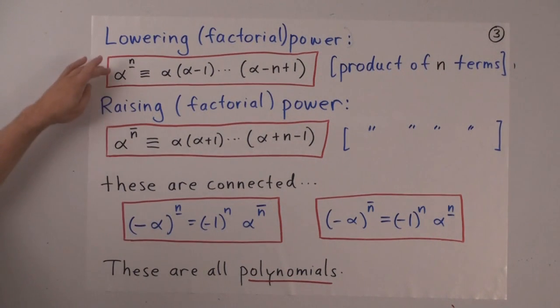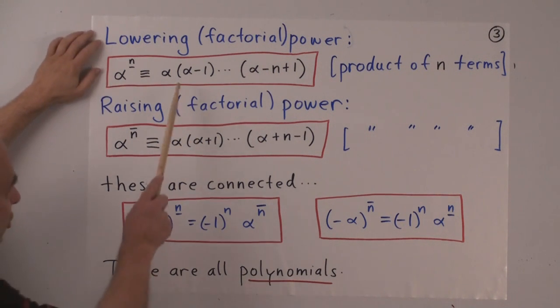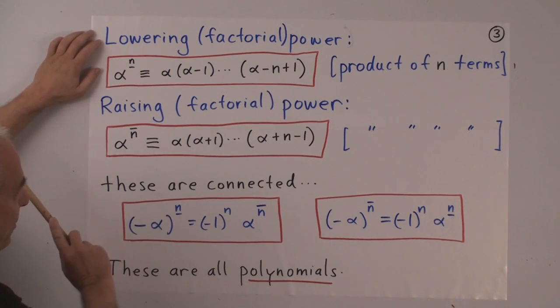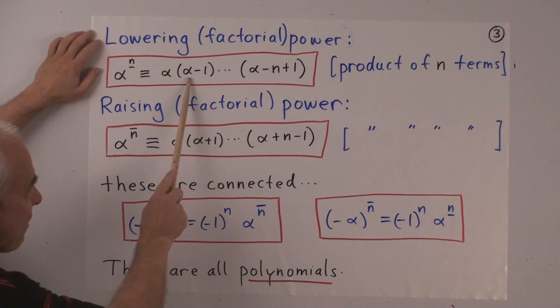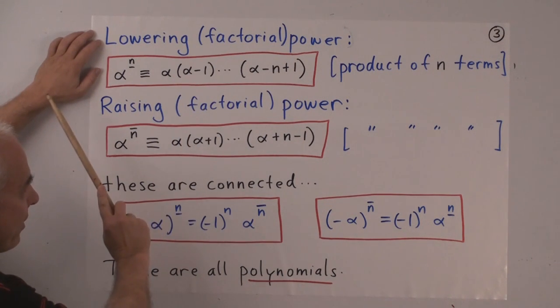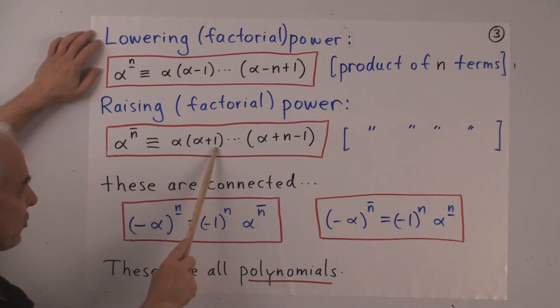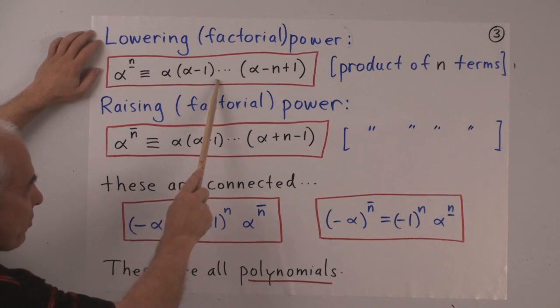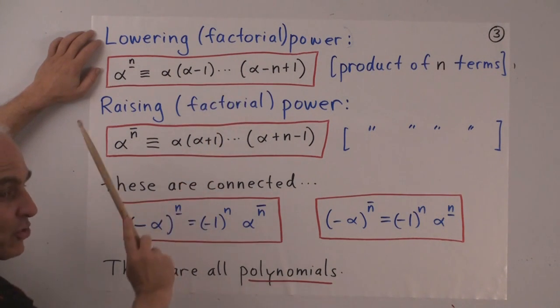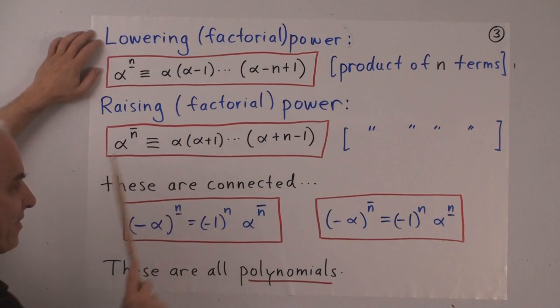So suppose in this lowering power we replace alpha with minus alpha. So there will be a minus alpha here. There will be a minus alpha minus 1 here, which is just the negative of that term. And then the next one will be minus alpha minus 2, which will be the negative of the alpha plus 2 there.